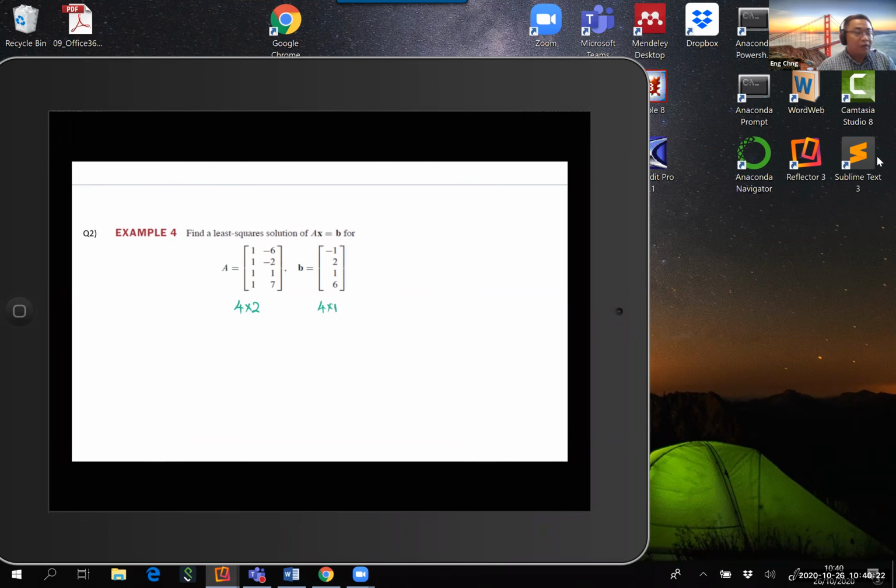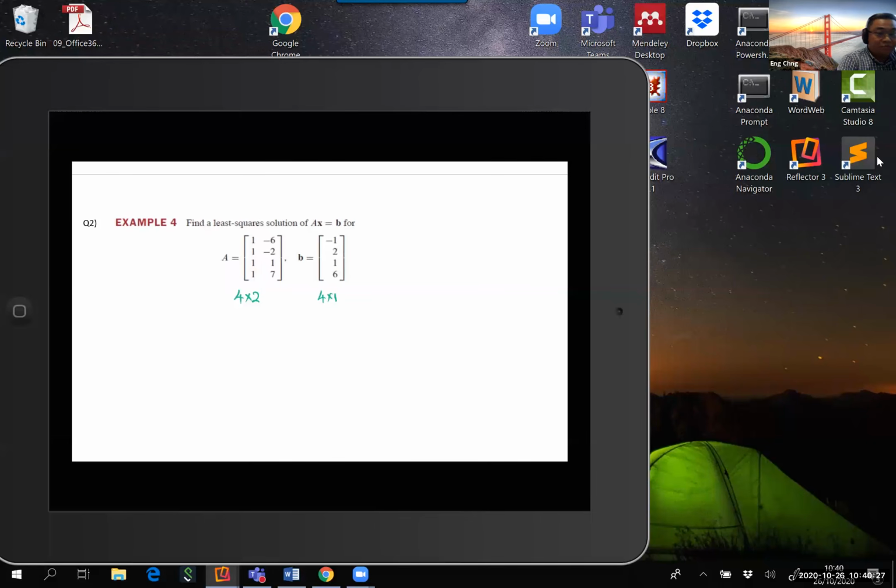So you can try to do, of course, the whole least squares problem, which is saying that x, because when we say find a least square solution, all we are trying to do is to find x or x hat, and then x hat, as you remember, we just memorize this equation now. And we substitute all this in, and you can figure out the answer. So there's one way that we could have done this.